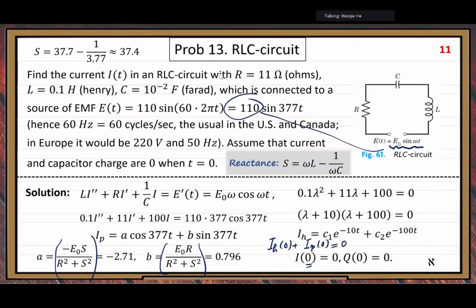That's the first equation. IH at 0, the exponential is gone, so C1 plus C2, plus IP at 0, which is little a. A is known, so that's the first equation.